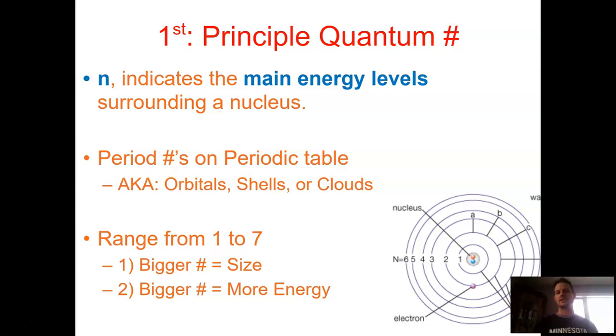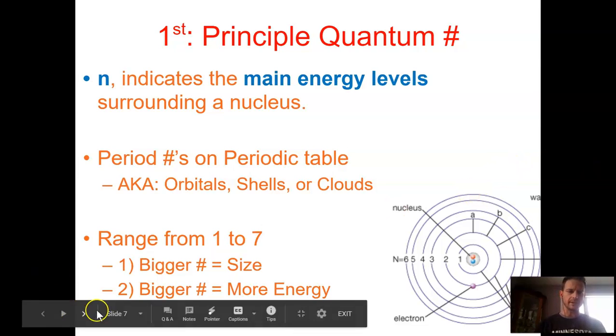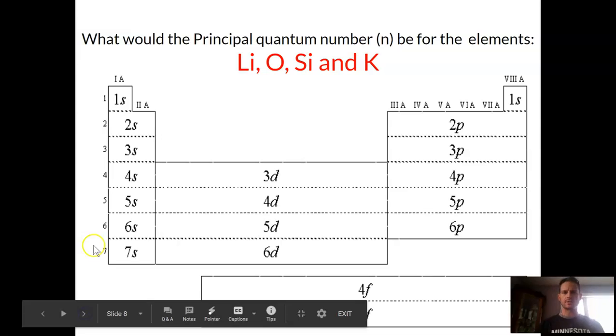And so to make that even easier, just think of it as the rings of Bohr's model, okay? And that'll make it easier. And they basically give it to you on the periodic table. And these range from 1 to 7, with the bigger number being a bigger size, and those bigger sizes have more energy. They need more energy to keep those electrons in. All right, and so that's a principal quantum number.